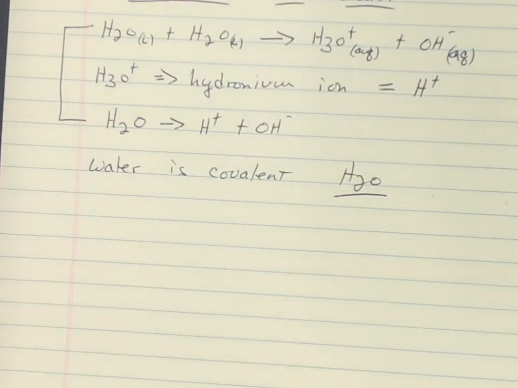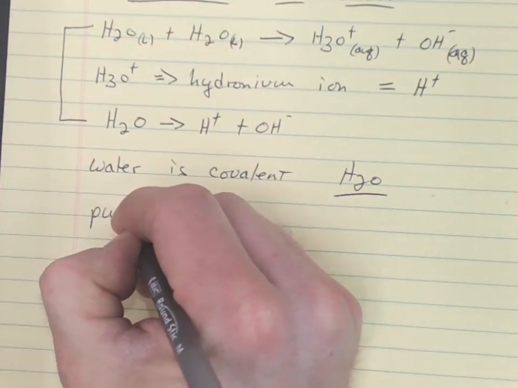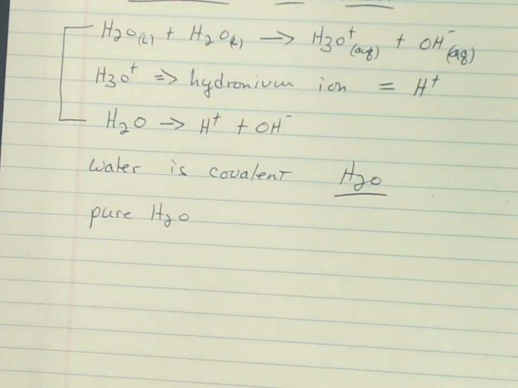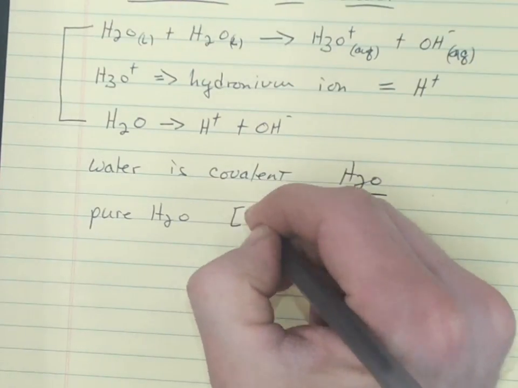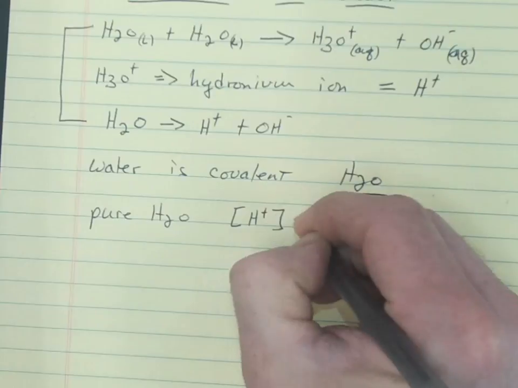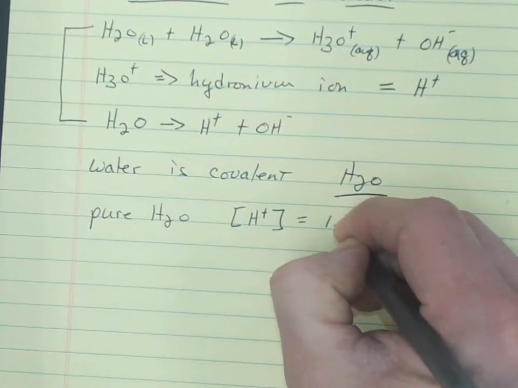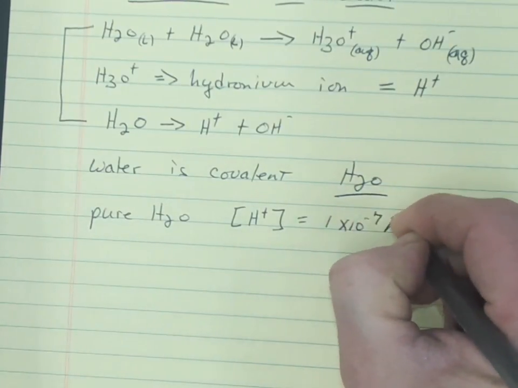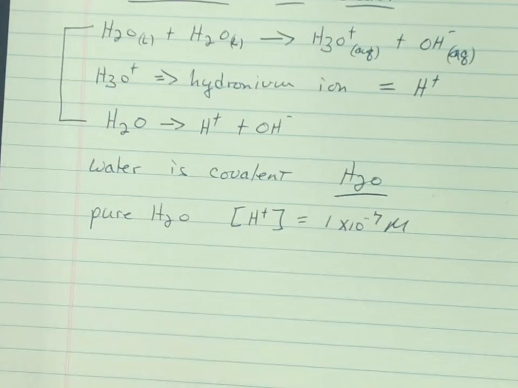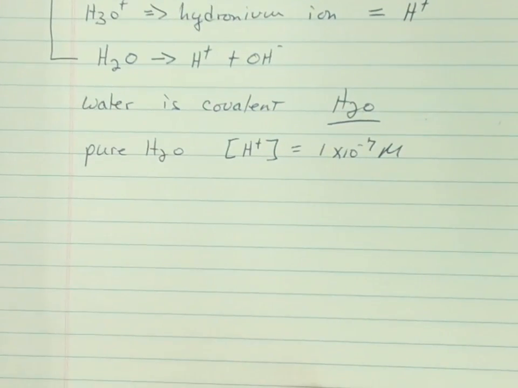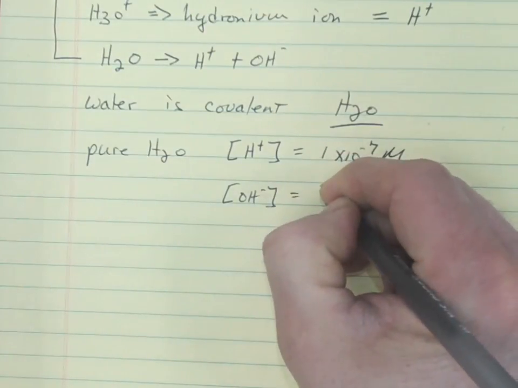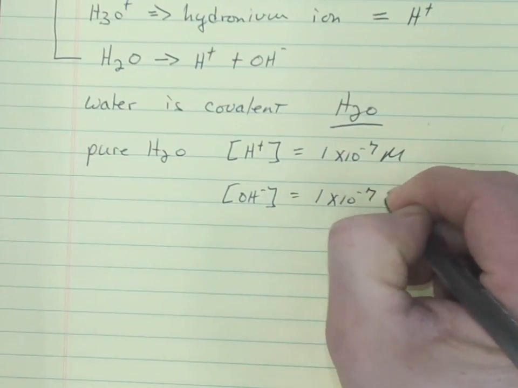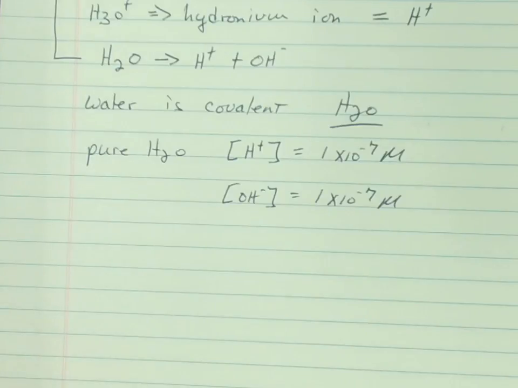But here's what's interesting, is that pure water actually does have some ions present. It has protons present at a concentration that is very, very small, 1 times 10 to the negative 7th molar, and it has hydroxide ions present, also in a very small concentration, 1 times 10 to the negative 7th molar.